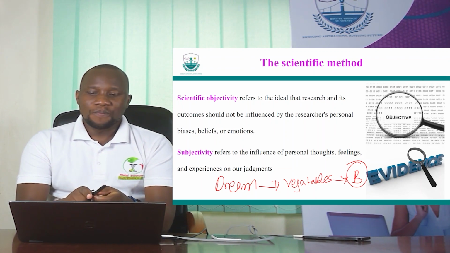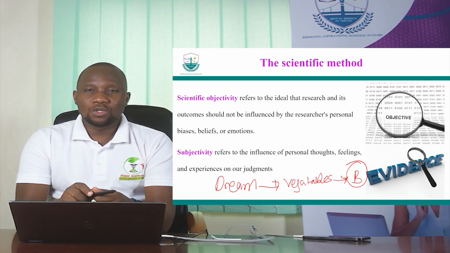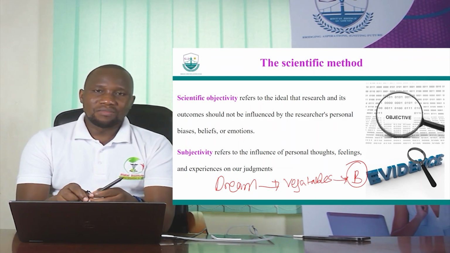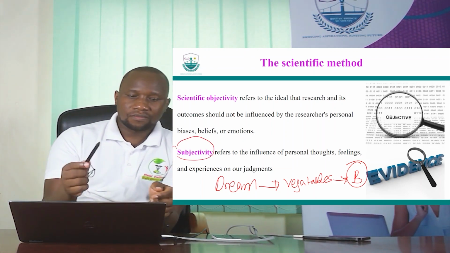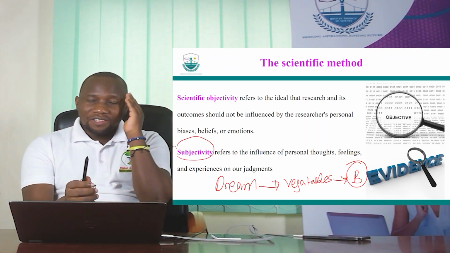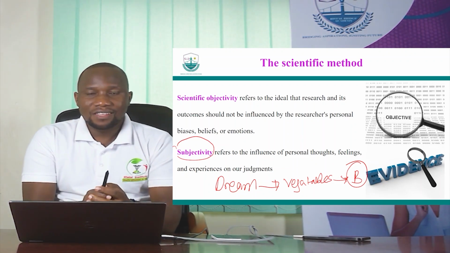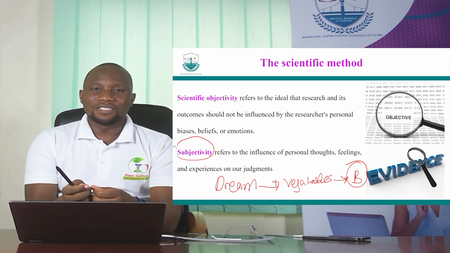In that way, we need to use the scientific approach, and therefore we avoid what we call subjectivity. Your thinking, your dreams, your feelings, your experience don't matter to us. What we are saying is that we want the scientific evidence for it.